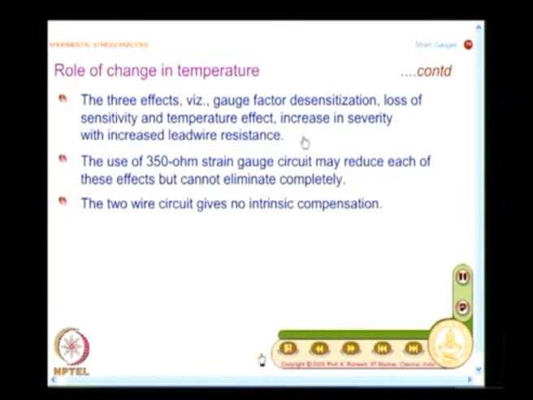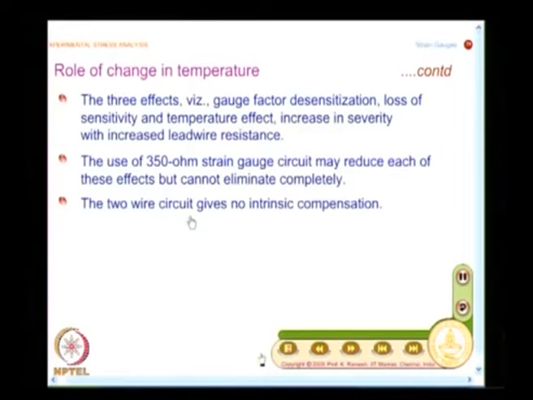So, one way of looking at it, this is go in for a 350 ohm strain gauge. This can reduce each of these effects, but cannot eliminate any one of them completely. See, we had already looked at a remedy. If I have to work on plastics, heat dissipation is very poor. The recommendation is, do not use the 120 ohm strain gauge, use a high resistance strain gauge.